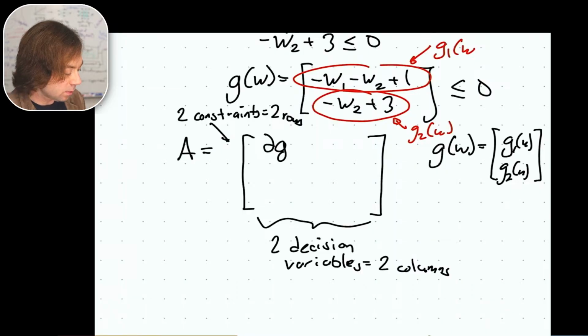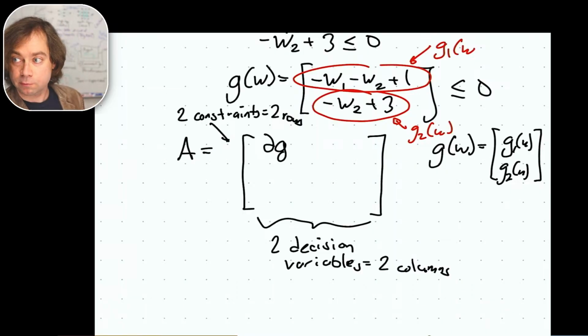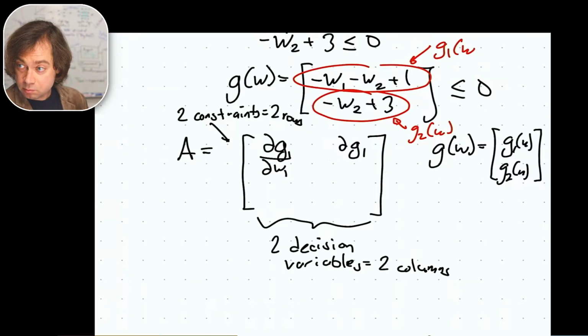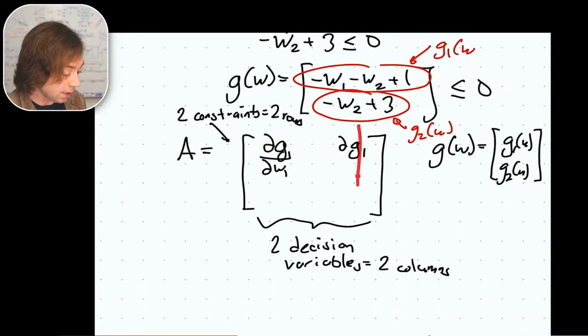So this is going to be, in the first row, our first g1, partial our first decision variable, w1. This is going to be partial g1. Again, same row, so the top is the same, so g1. But we have a second column, so we change the bottom, so this is just the Jacobian. So that's partial w2.